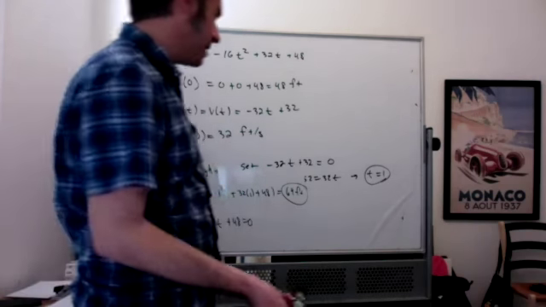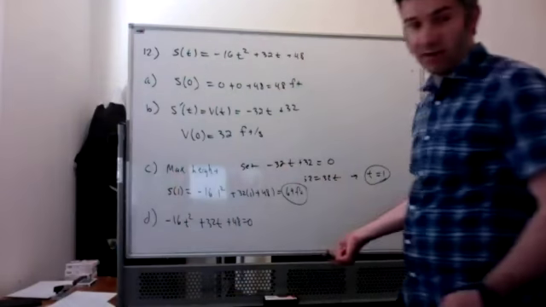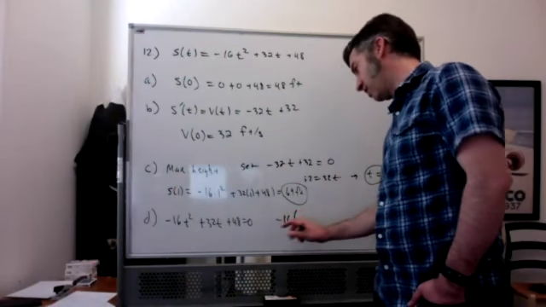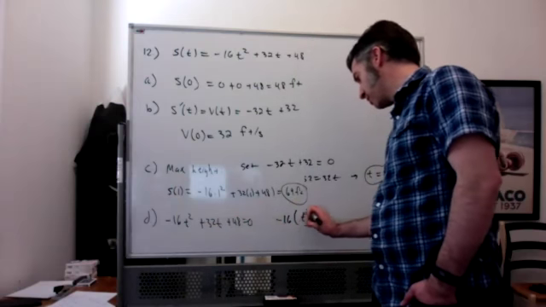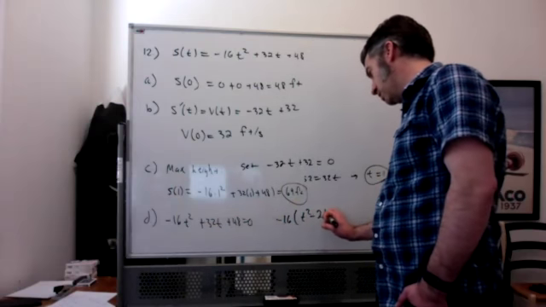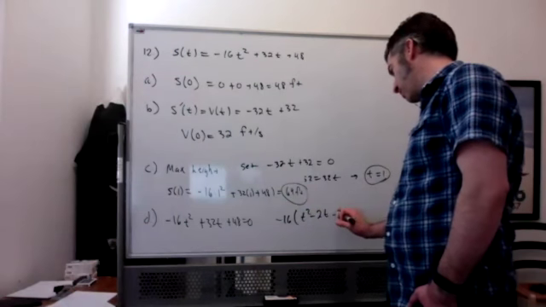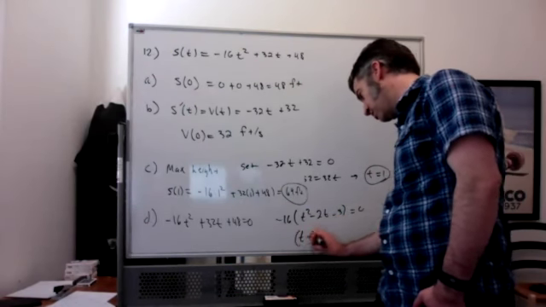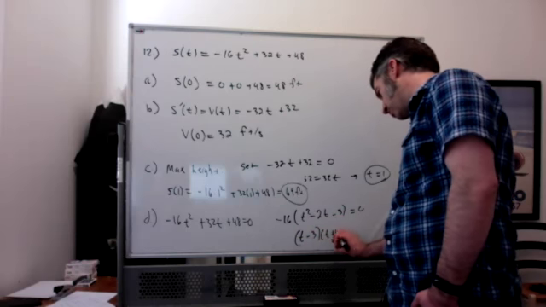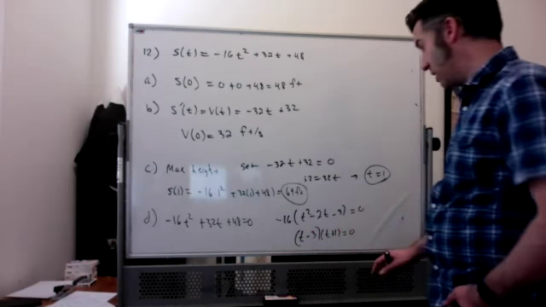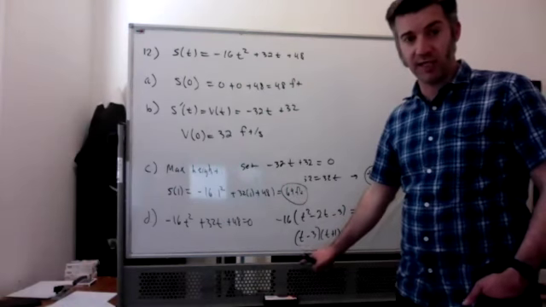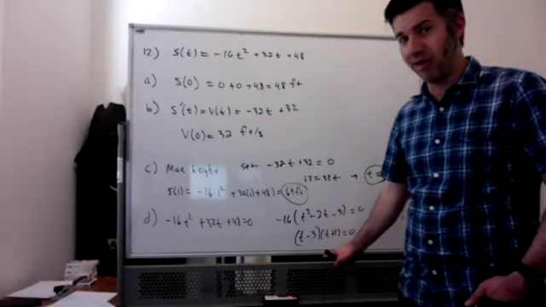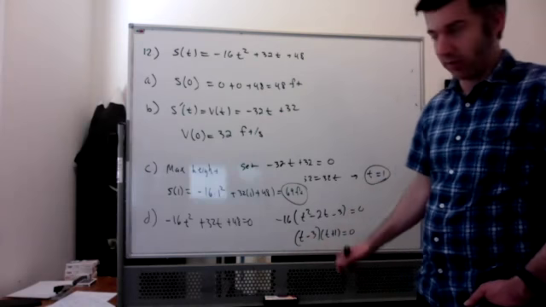Someone has been nice and set this up so a negative 16 factors out, leaving behind a t squared, a minus 2t, and a minus 3. This factors as t minus 3 times t plus 1. So either it strikes the ground 3 seconds after you throw it, or negative 1 second, so 1 second before you throw it. Well, that doesn't make sense. It's 3 seconds after you throw it.